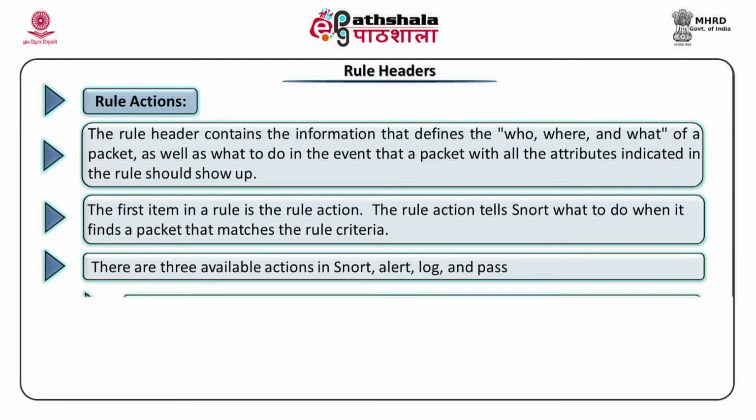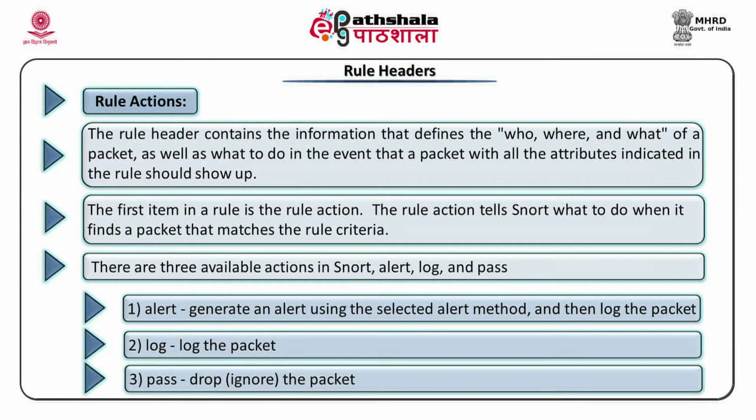To refine what I said, if you have defined many elements, saying the content is this and other options, they are ANDed together. And if you have defined many rules in the rule file, they are ORed. So if either of the rules is true, then the packet would be acted upon.